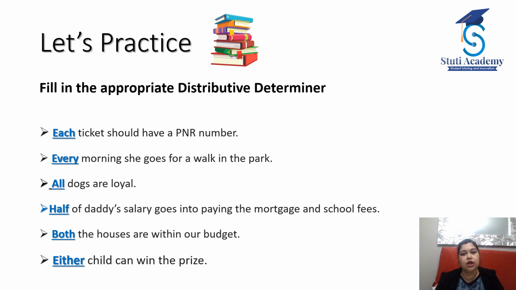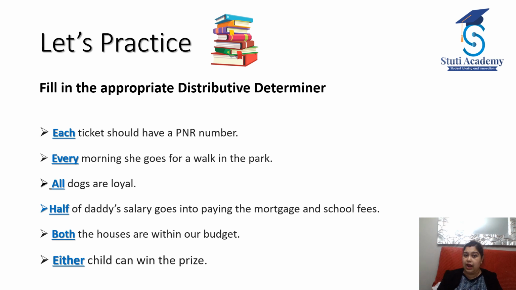All dogs are loyal. All dogs. Group of dogs, all of them together. All dogs are loyal. Half of daddy's salary goes in paying mortgage and school fees. So his whole salary, and we are dividing it into half. Both the houses are within our budget.